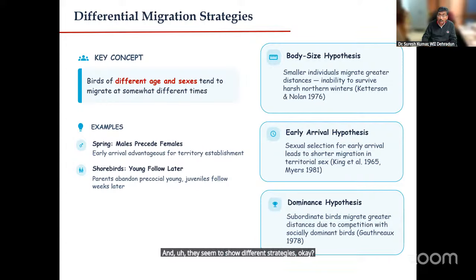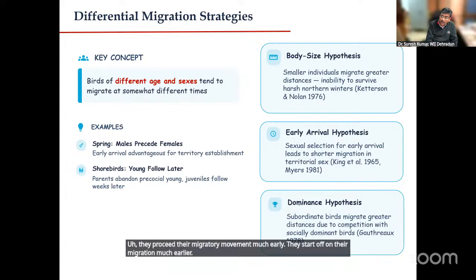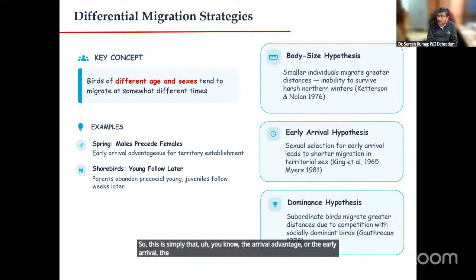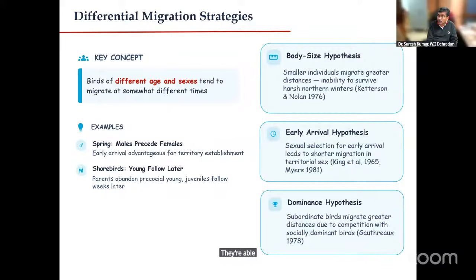Okay, so there are a few examples, like in spring, some of the males precede their migratory movement much earlier. They start off on their migration much earlier. This is simply the arrival advantage, the early arrival, the first of the first to come, they're able to hold on to territories.